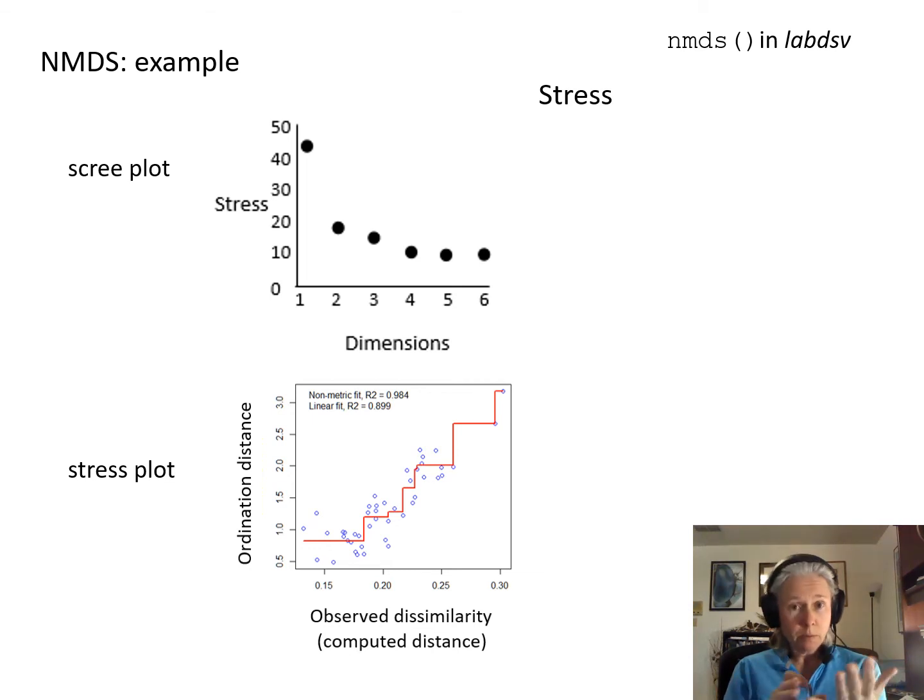So determine what the best value of K is to minimize stress. To do that, you need to examine multiple dimensions to find the optimal number of reduced dimensions. The default value when you're doing an NMDS in these packages is K of 2.